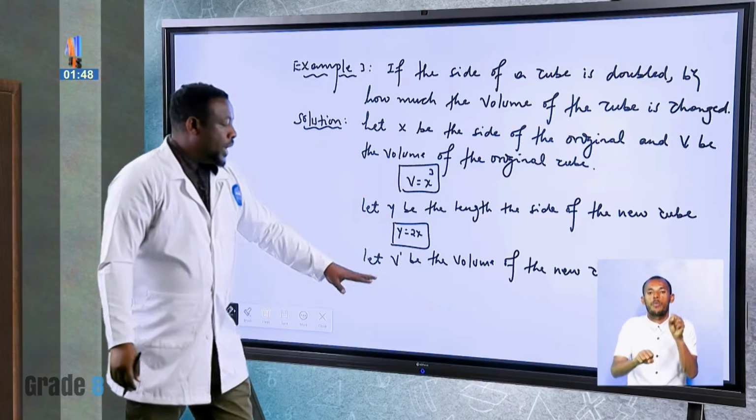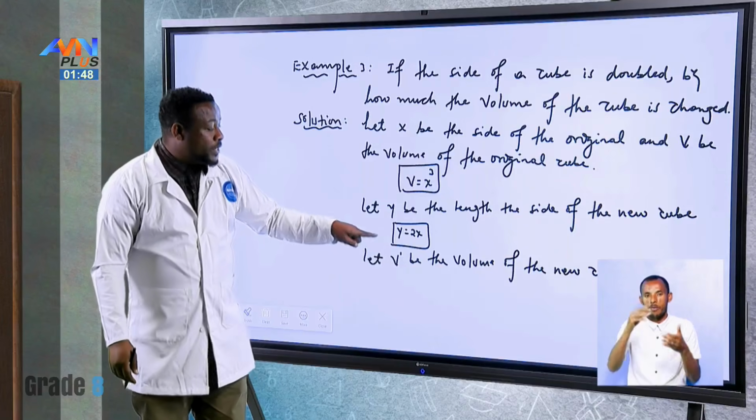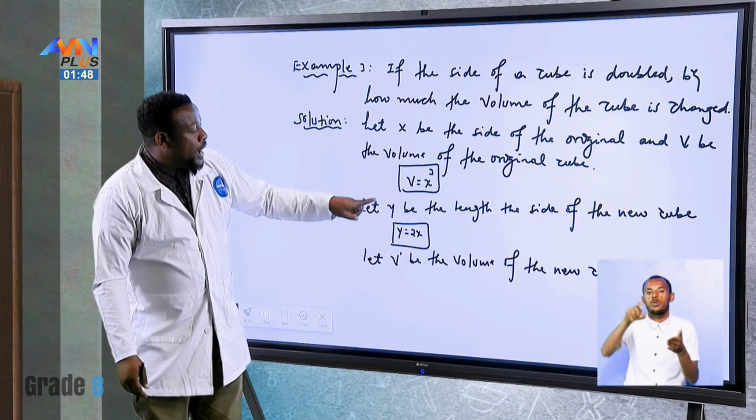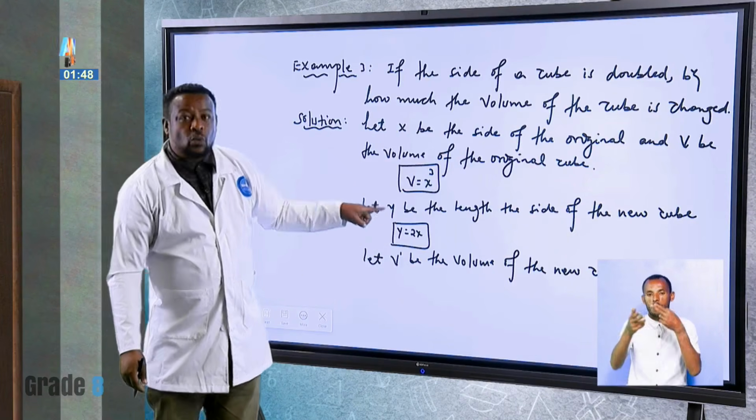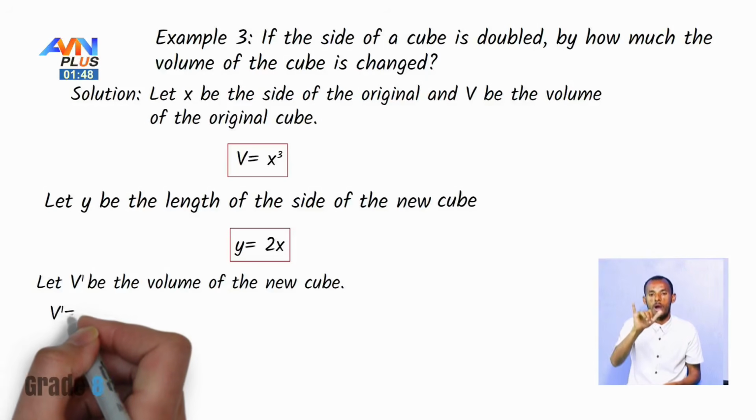V prime is the product y times y times y, which is y cubed.